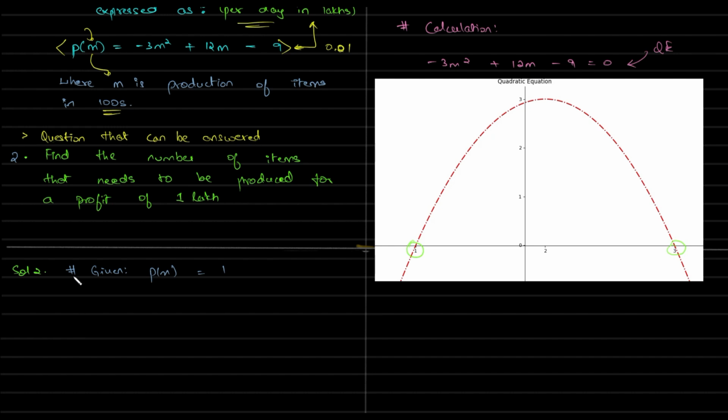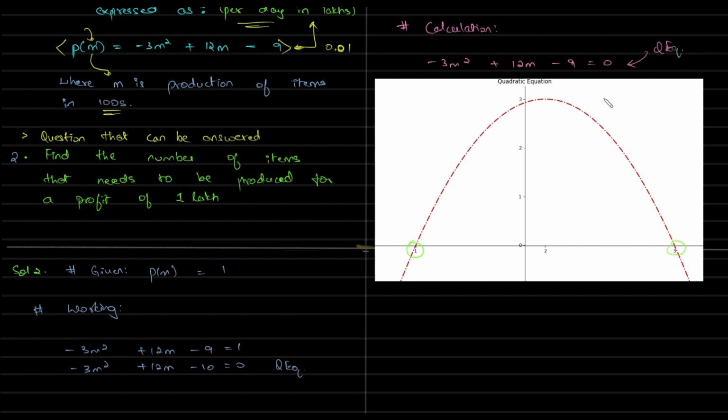So 1 is enough. Now all I have to do is equate minus 3m square plus 12m minus 9 to 1 and rearrange it, right? And thus we converted the quadratic expression to an equation.